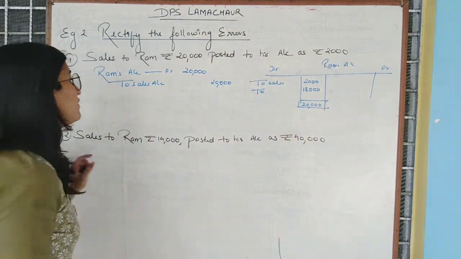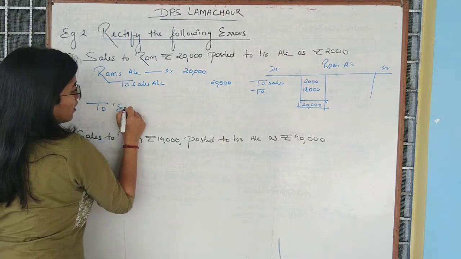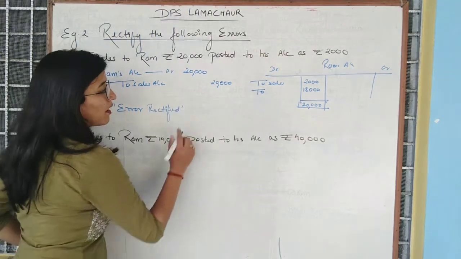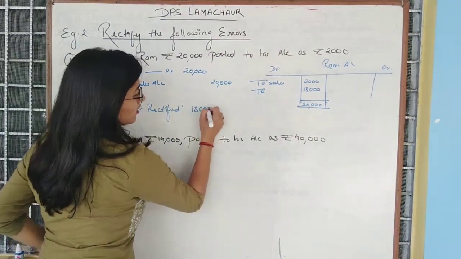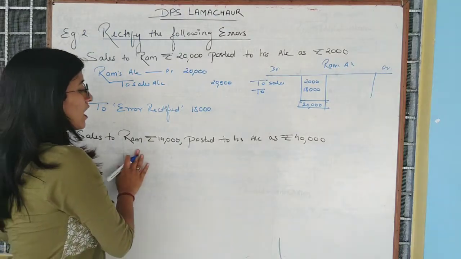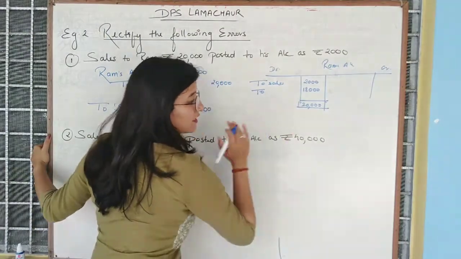Now the answer will be to error rectified. The amount is 18,000.